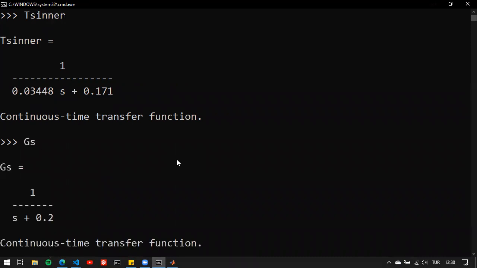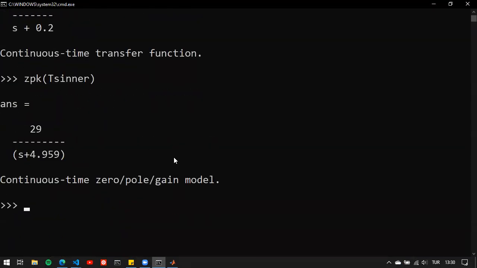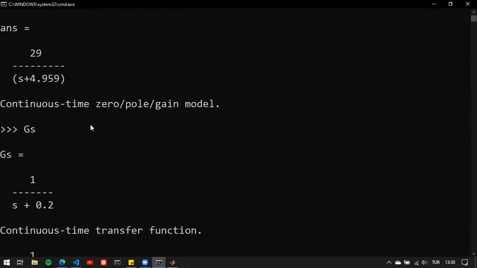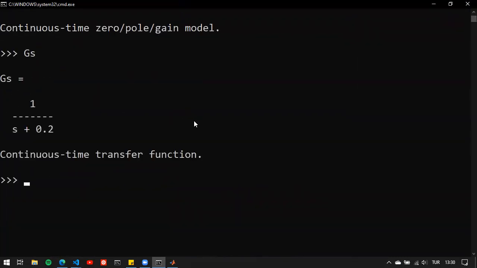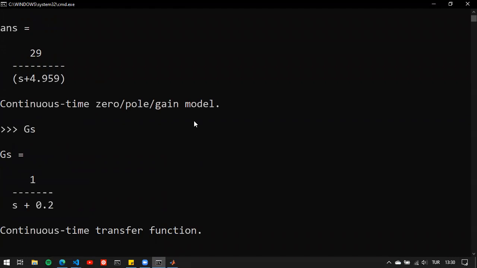ZPK'ya bakalım bir de. Şu şekilde. Yani hem kazancını hem de kutbun pozisyonunu değiştirdi. Halbuki G şöyle bir şeydi. Zaten tamamladık sayılır.